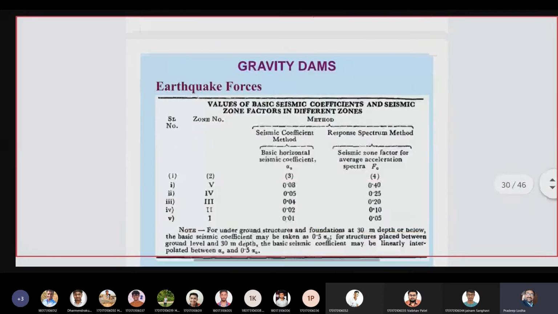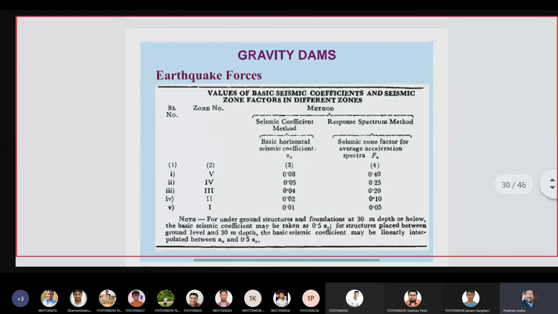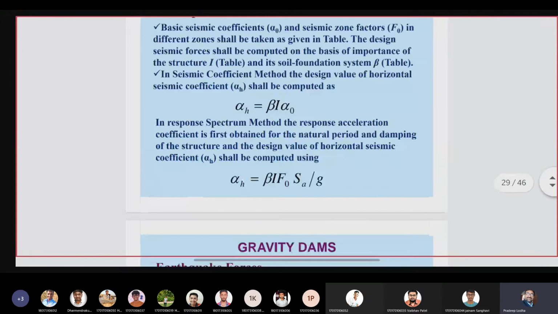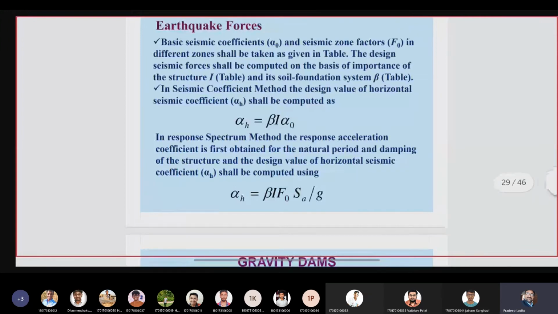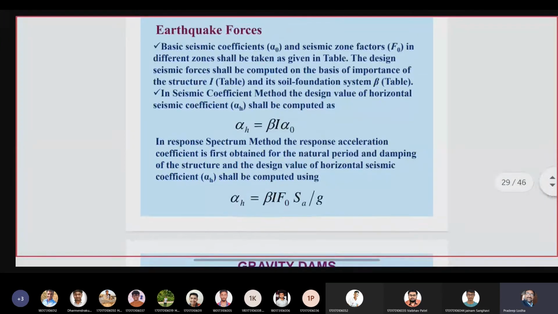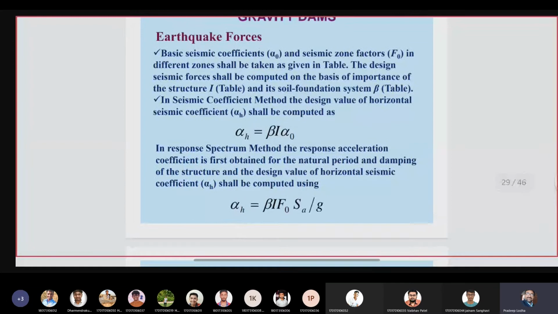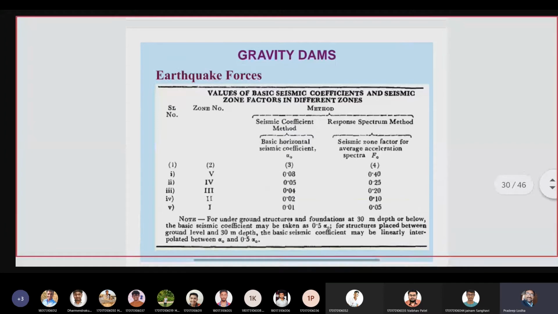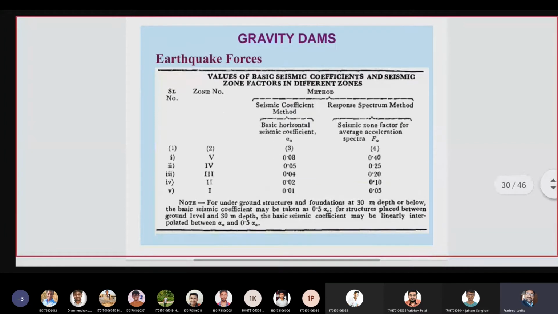That alpha 0 and F0 values are given, you could see here on your mobile. This is the first slide, alpha h, which we are calculating for the first method, that is the seismic coefficient method. The value of alpha 0 is taken from this particular table from the IS code.